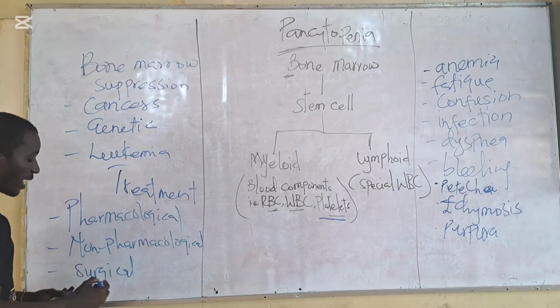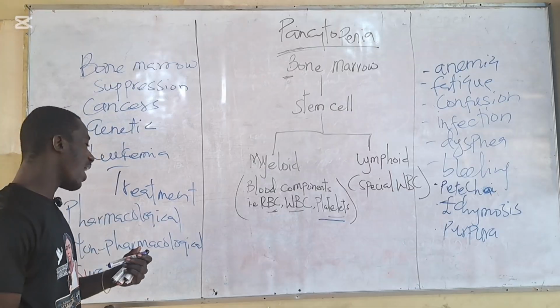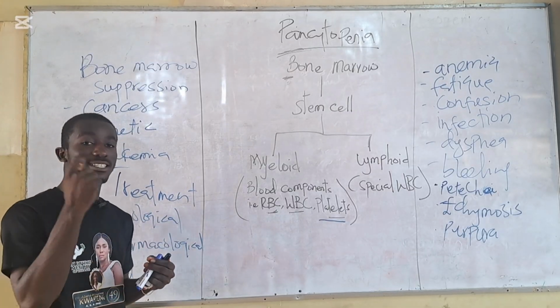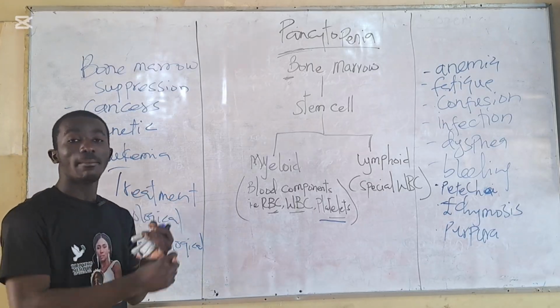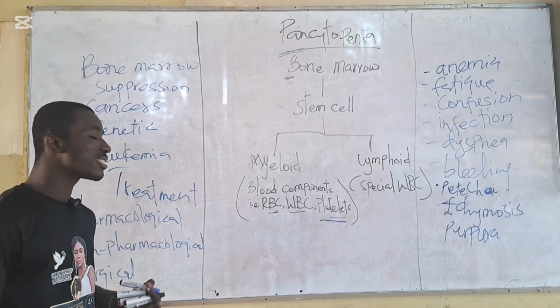With the pharmacological, this is where you give the patient drugs like the cytotoxic drugs. Then also you treat the patient based on the symptoms the patient presents. So if the patient is anemic, you give hematinics, you give antibiotics, you give analgesics and the likes.